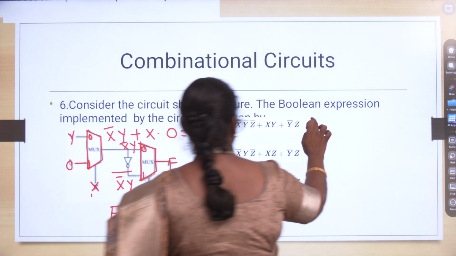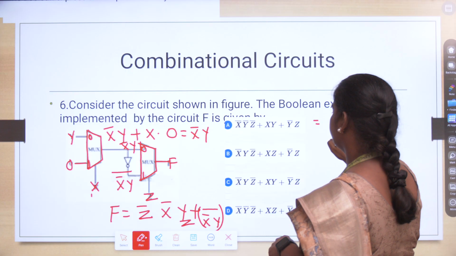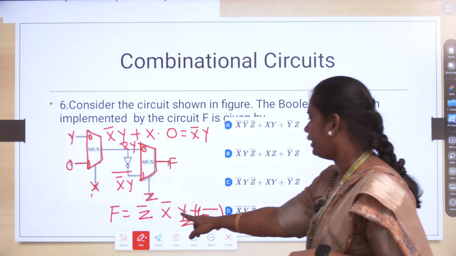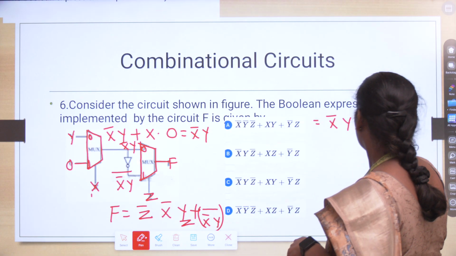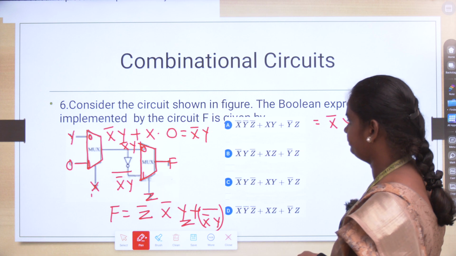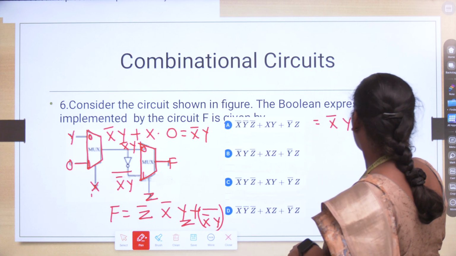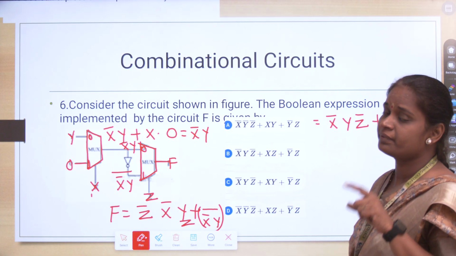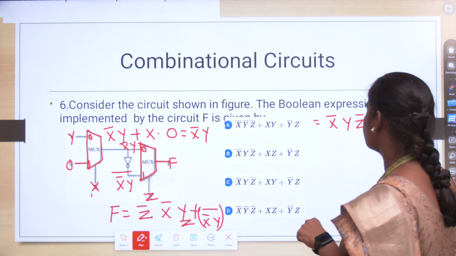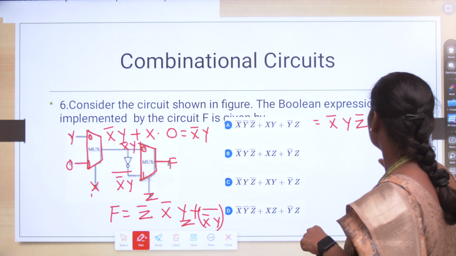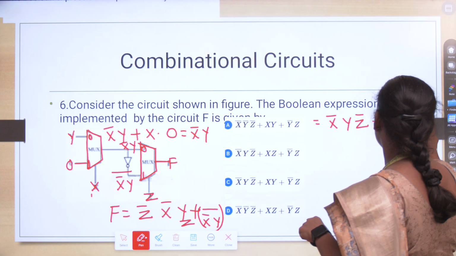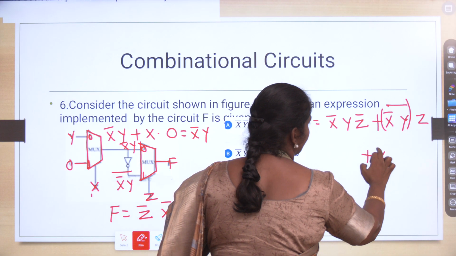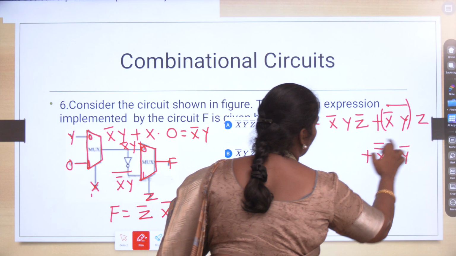So the answer is x bar y z bar plus, here for x bar y to the whole bar, we can apply De Morgan's theorem. If you apply De Morgan's theorem, this term will become x double bar plus y bar.